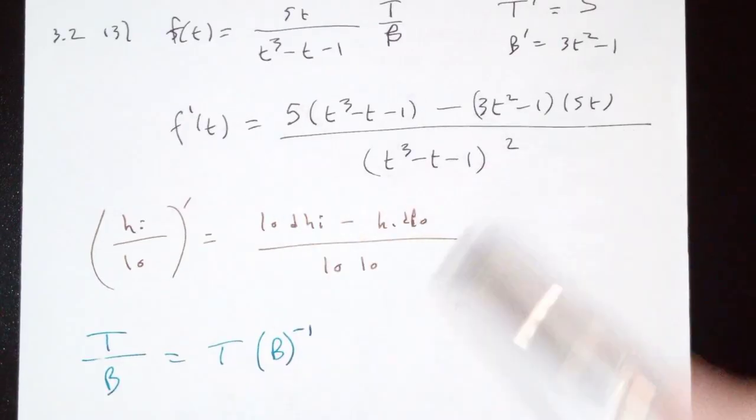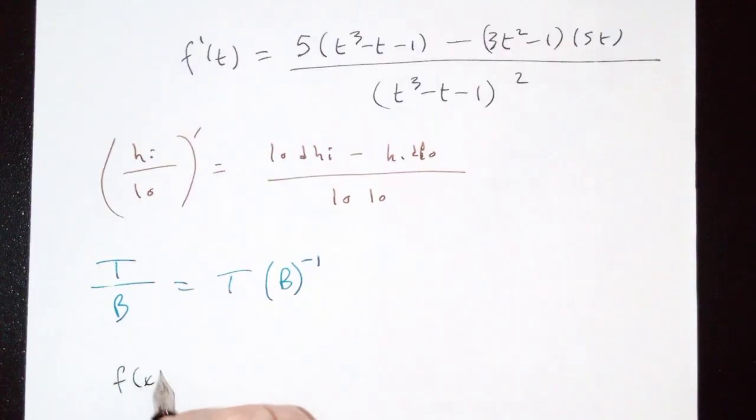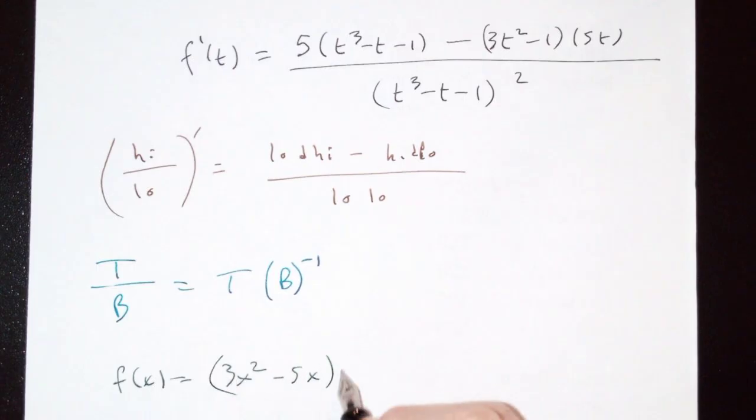So again, just like I leave the quotient rule like this, if I'm doing a product rule problem, say this, I could multiply it out, then do derivatives. I could multiply it out after I do the derivatives.